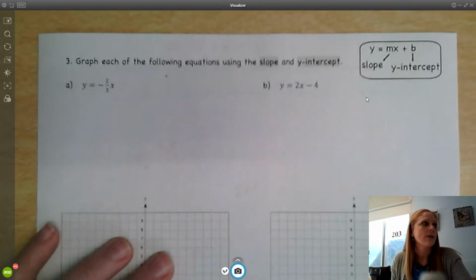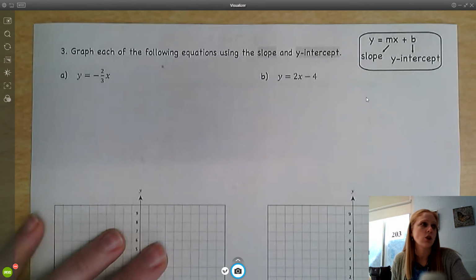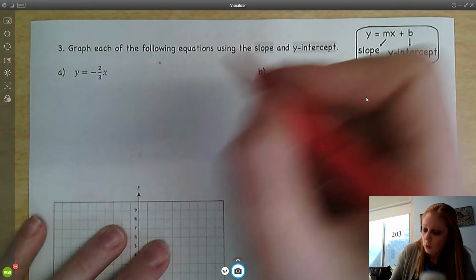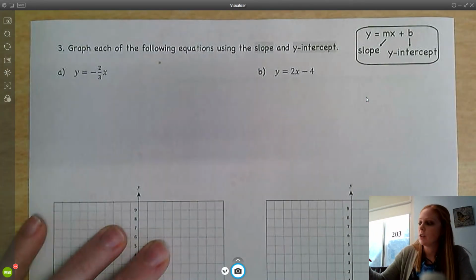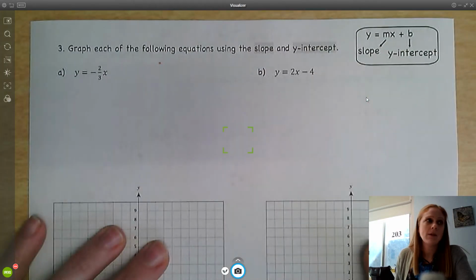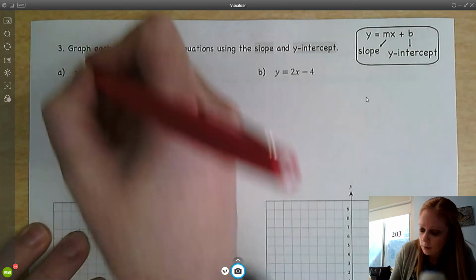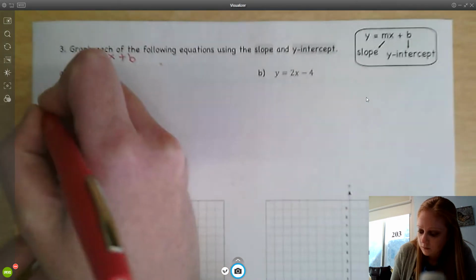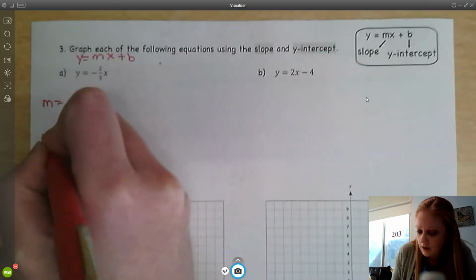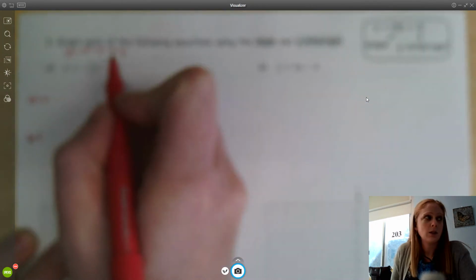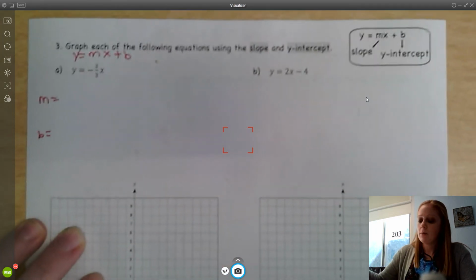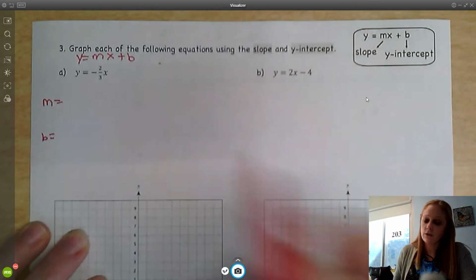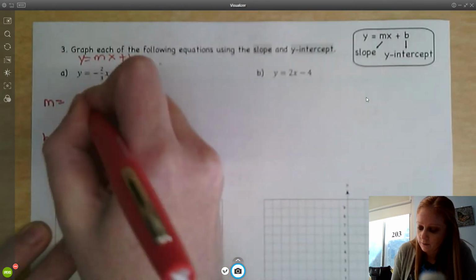All right, graph each of the following equations using the slope and y-intercept. All right, so y equals mx plus b is our slope-intercept form. So let's figure out what the m is and what the b is. So I'm going to write my equation above it. M and b. Y equals mx plus b. So the m is the number right in front of the x, the coefficient of the x. So here it's the fraction negative 2/3.